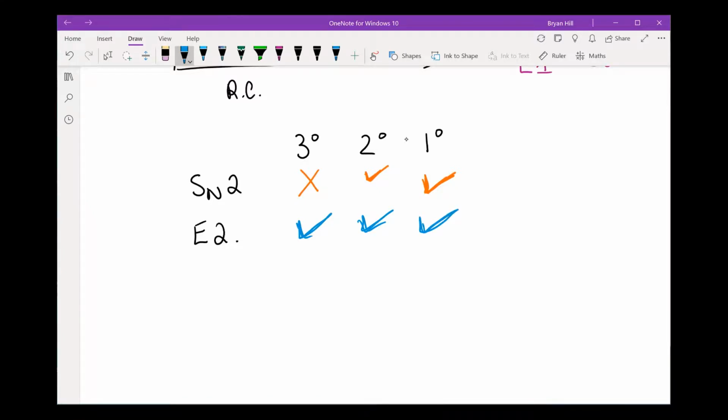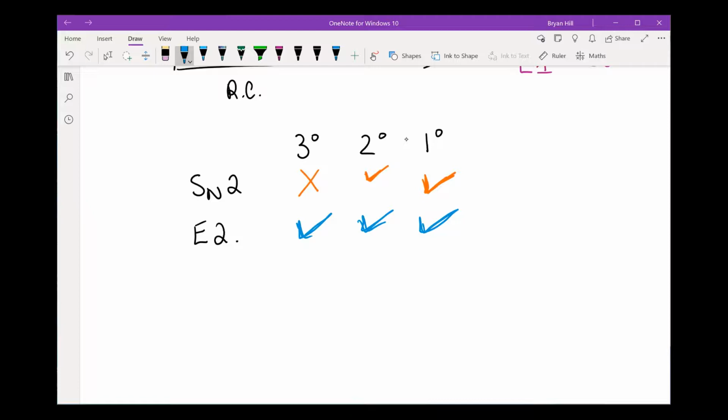So out of all of the 4 types of mechanisms, E2s can happen for any type of substrate. So E2 is the one which we could see a lot of, and because the reactions tend to be faster, that makes them more practical than an E1 in many cases. So an E2 elimination is quite a useful reaction in that sense.